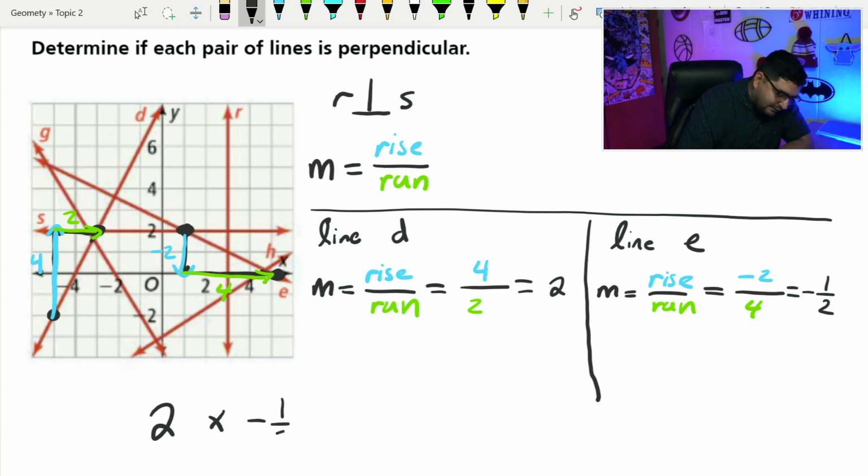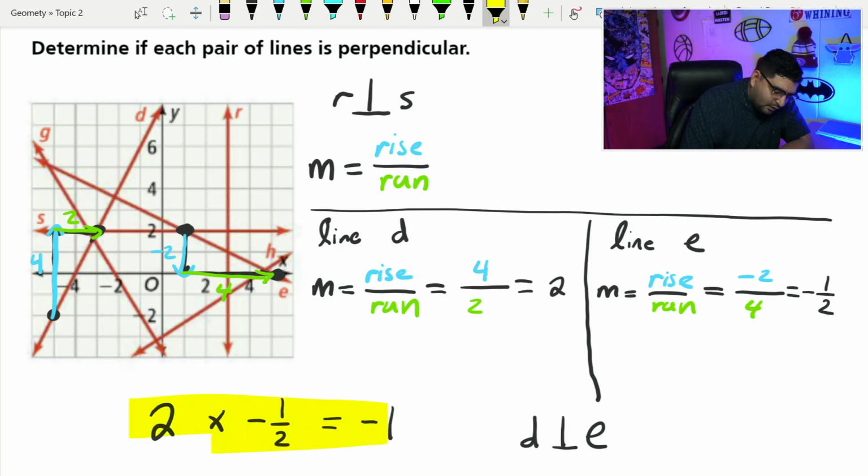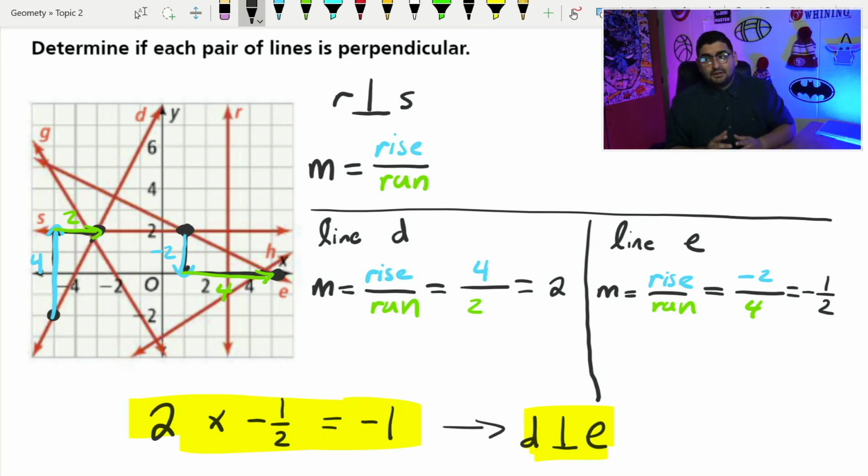If I multiply these 2 together, I actually do get a -1, which means that line D is also perpendicular to line E. Again, this is true because their slopes have the product of -1. So because their slopes have the product of -1, we know that these 2 lines are perpendicular.